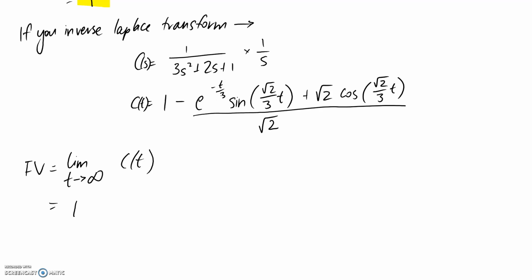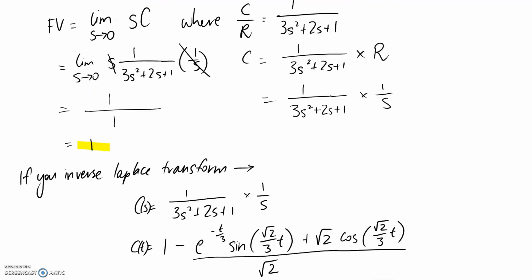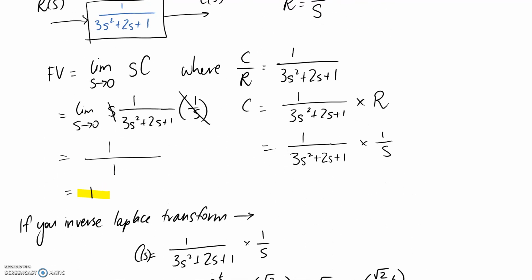As e goes to the power of negative anything big, it's going to approach 0. And when it's infinity, e to the negative infinity is actually just equal to 0. So if this here is equal to 0, everything else, it doesn't even matter what it is, it's just going to be 0 as well. So we're going to get 1 take 0, and this is equal to 1, which is exactly the same as what we had before, except using the easier version, which is when we're in the s domain.